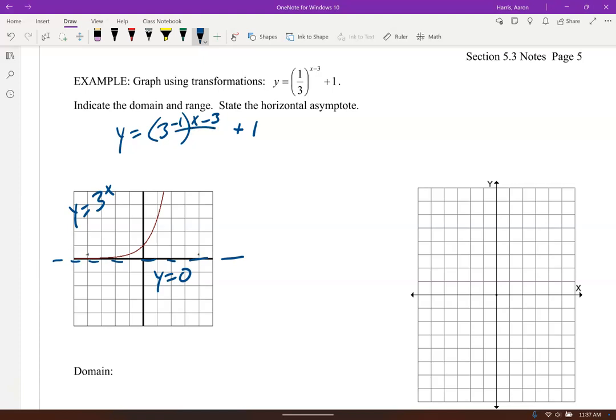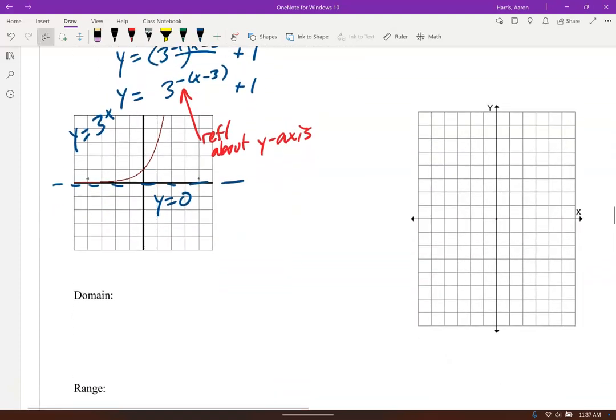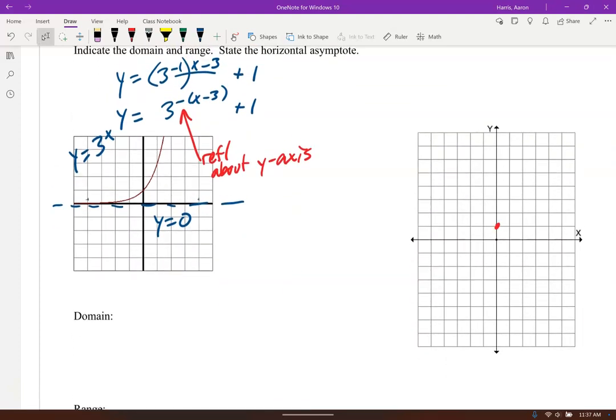Okay. Well, these are multiplied, so I got negative x minus 3. And so let's see what happens here. We're going to flip it. That'll be a reflection about the y-axis. So now we would be here in red. And then I would go right 3.